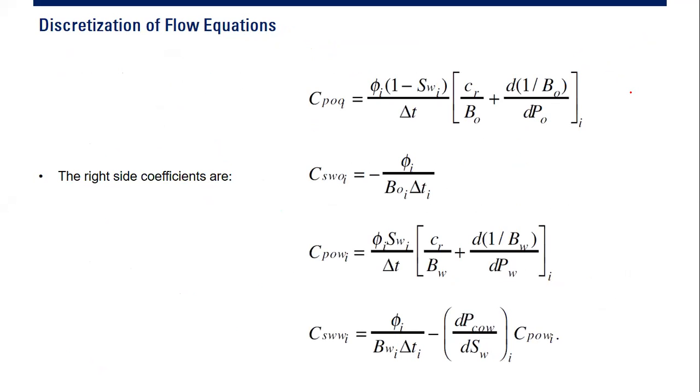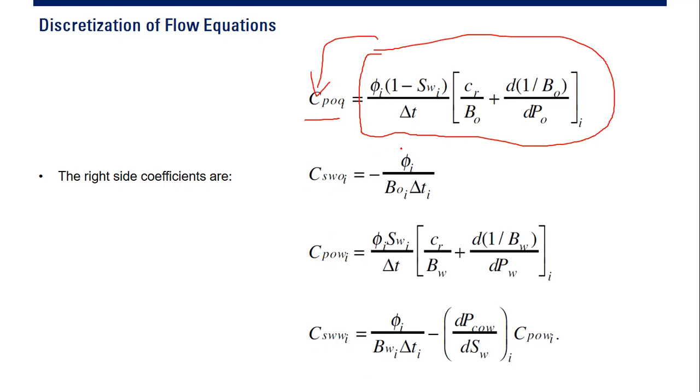And on the right side of the equation, we have CPOO, CPOW, CSWOI, CPOWI, CSWWI. You can see on the right side, this is actually the true form of this term. CSWOI is this one. CPOWI is this one.